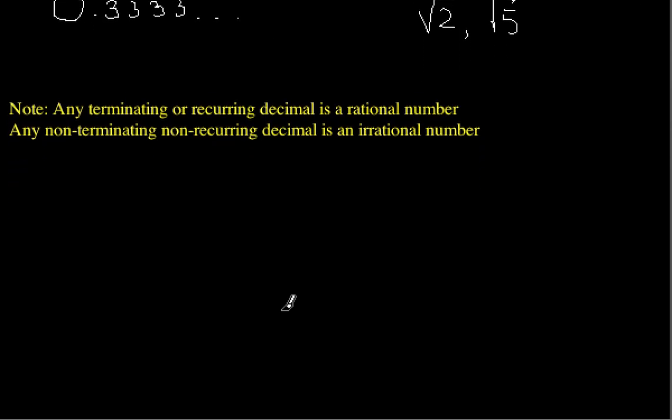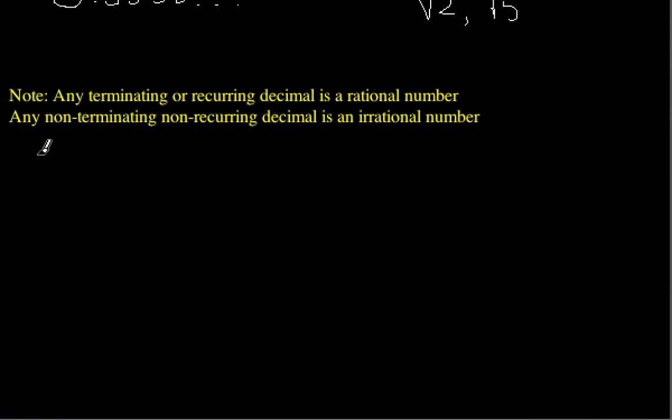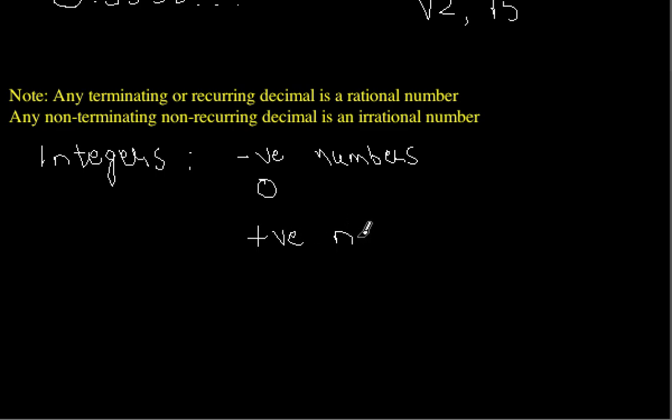The rational numbers can be divided further. So we will study something called integers. So what are integers? Integers could be negative numbers, could be 0, or could be positive numbers.